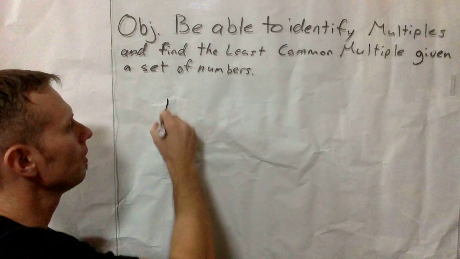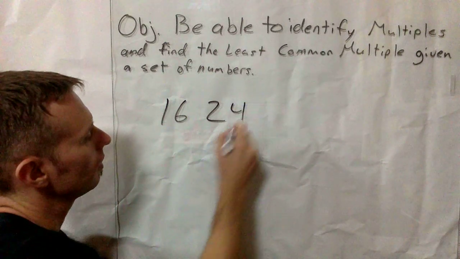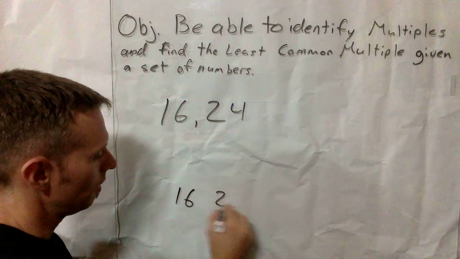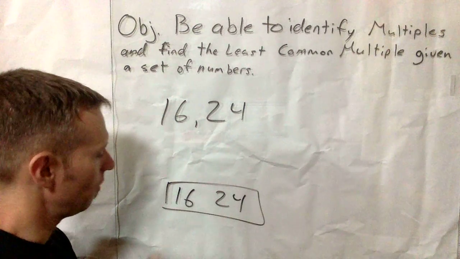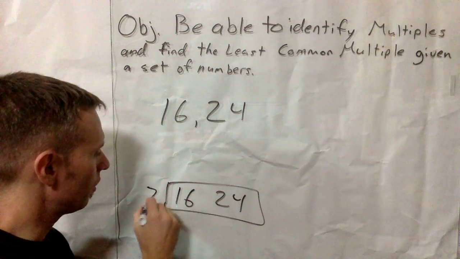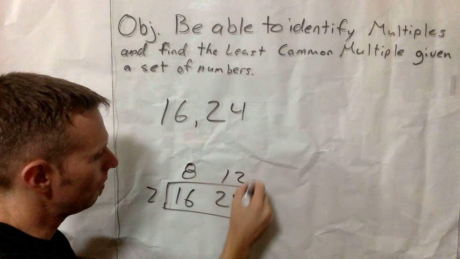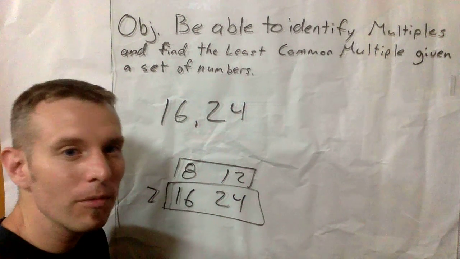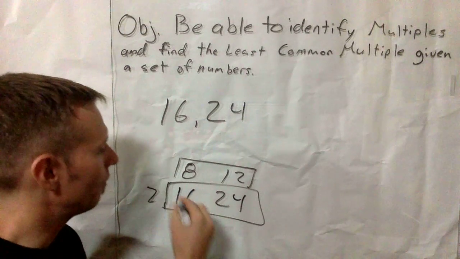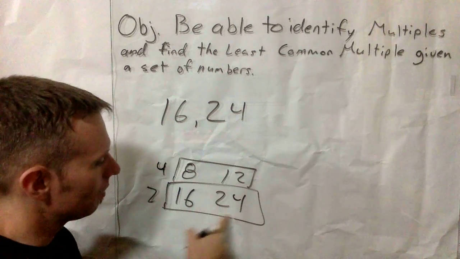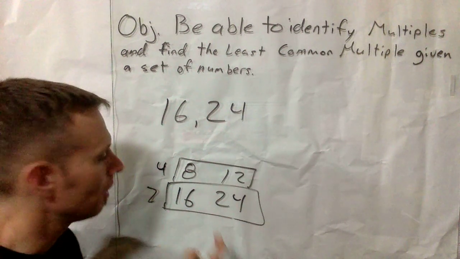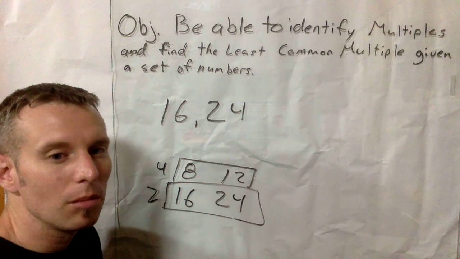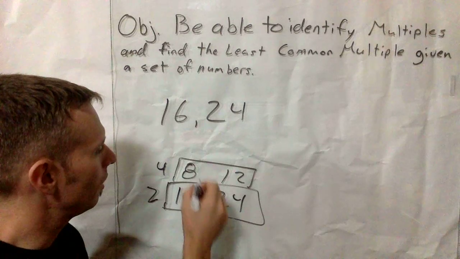How about 16 and 24? Well, here's the cake, 16, 24. I can pull out a 2 for sure, left with 8 and 12. I can pull out a 4. Since I'm not doing prime factorization, I can go ahead and pull out a 4 if I want to. Or again, some people could see that I could pull out an 8 from here. It's okay. If you're doing the prime factorization as well, these numbers have to be prime. But if you're not, you can just pull out whatever number that you see.